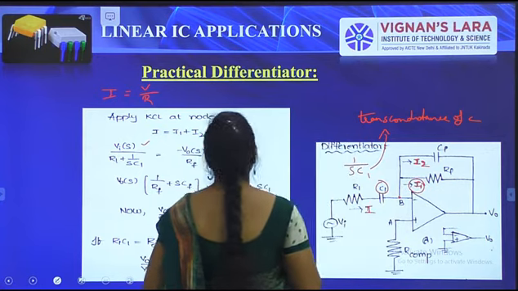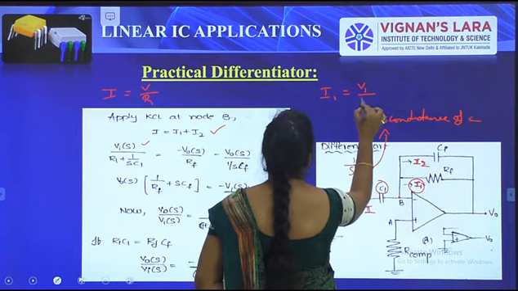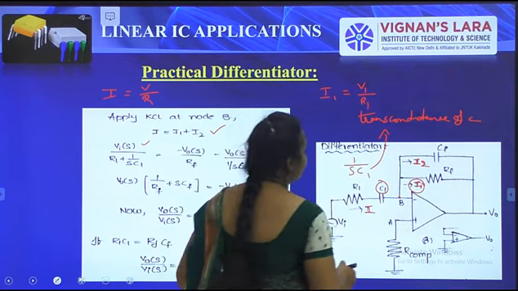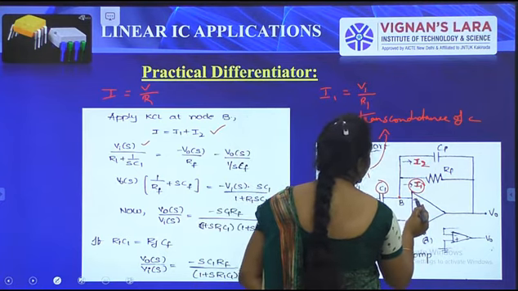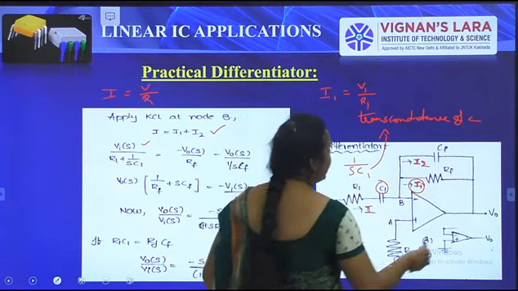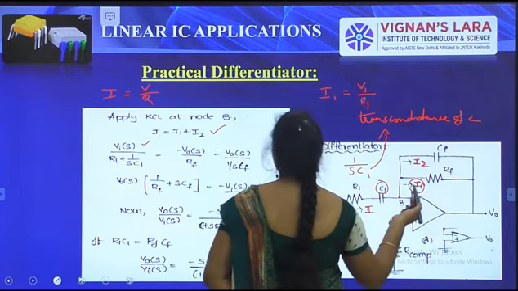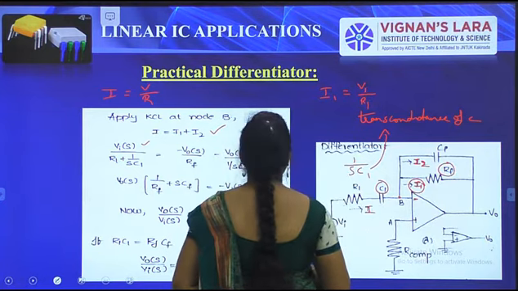In place of I, I can write I1 is equal to V1 by R1. Here V1 is V0. Since the output is at the non-inverting side we have the minus term, so minus V0 of S by RF, where RF is the resistor across I1.